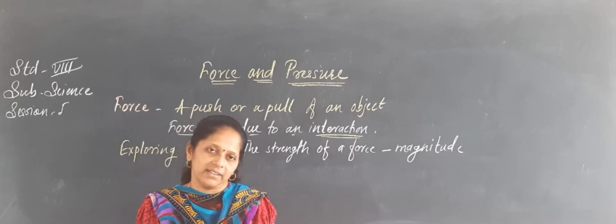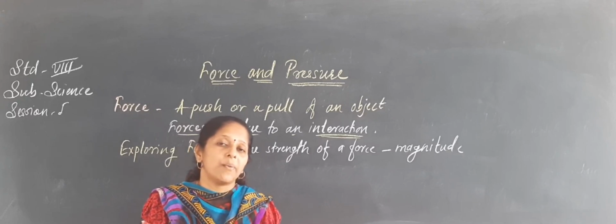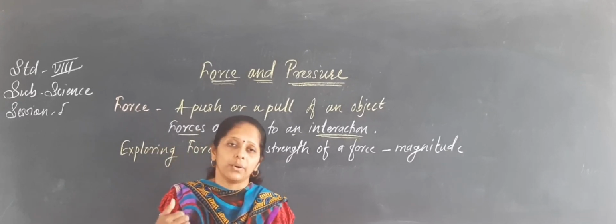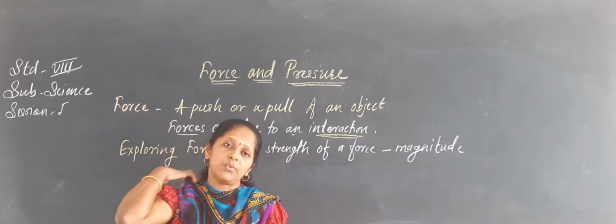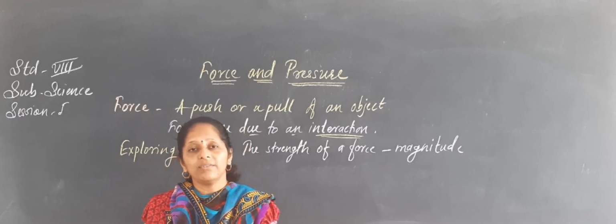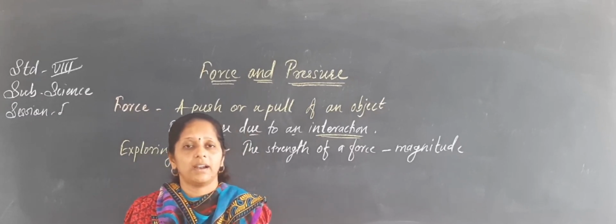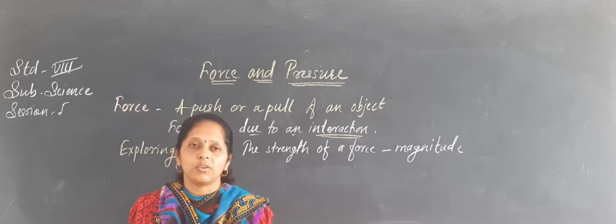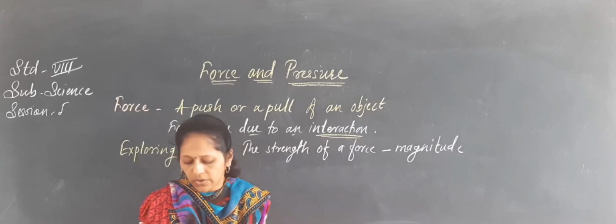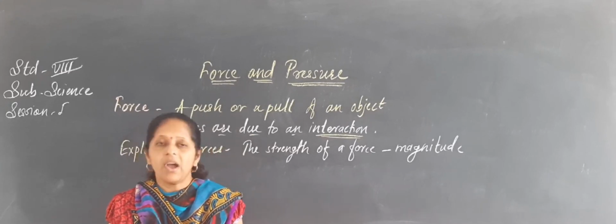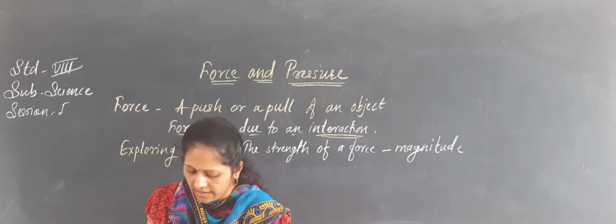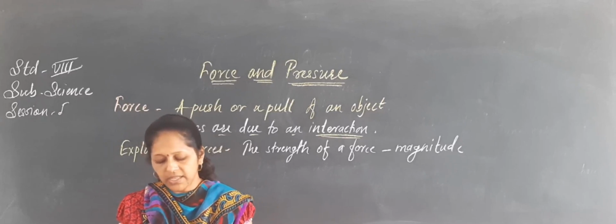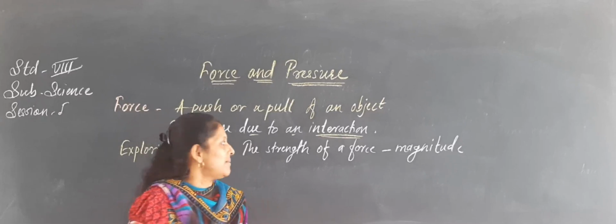As I said, in tug of war the harder-pulling team makes the rope move in its direction. But when both teams pull with the same force, the rope may stay stationary. So the strength of a force is usually expressed by its magnitude.